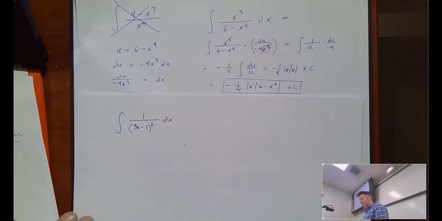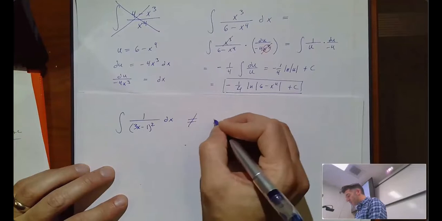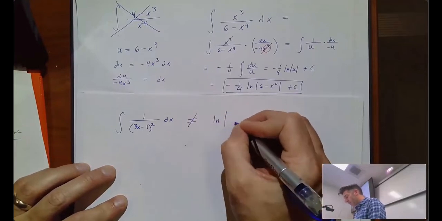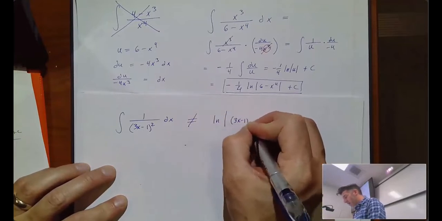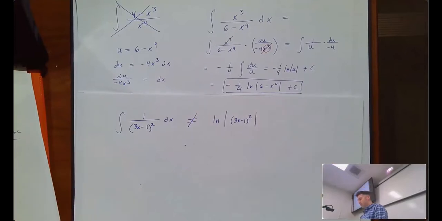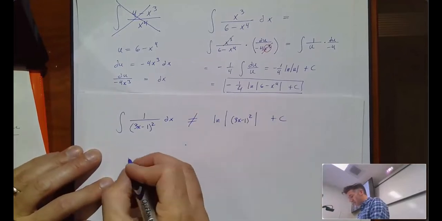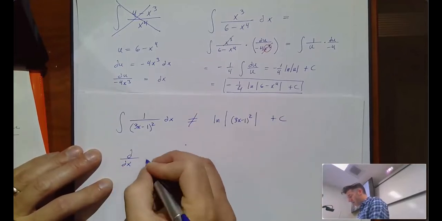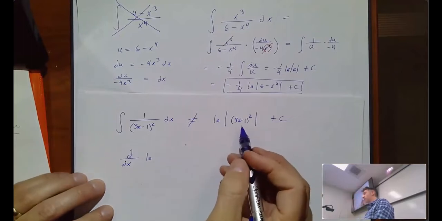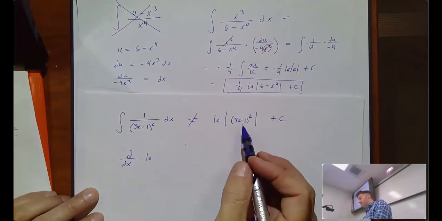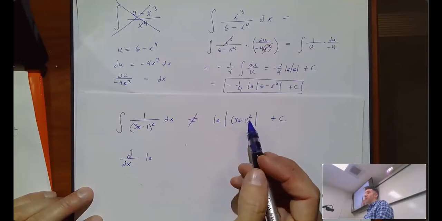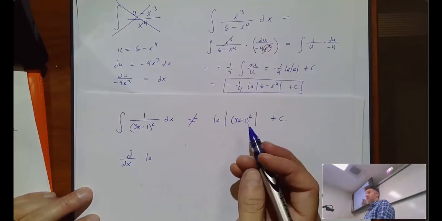I'm going to tell you right off the bat, this is not equal to the natural log of the absolute value of 3x minus 1 squared plus c. And the way you can tell is by taking the derivative. If we take the derivative of this, the derivative of the natural log, I'm going to drop the absolute values. And actually, you can totally drop the absolute values here because if you've got something squared, it's going to be positive anyway.